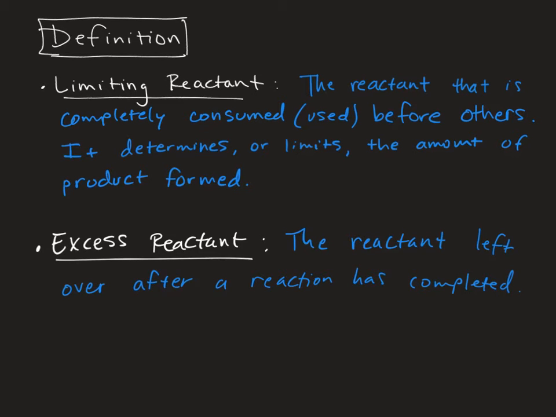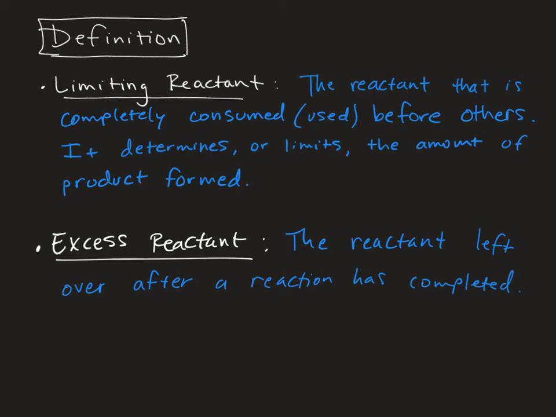As I said, we were left with 2 slices of cheese. Those 2 slices of cheese are evidence of excess reactant. So like I said, the cheese is our excess reactant, the bread is our limiting reactant.